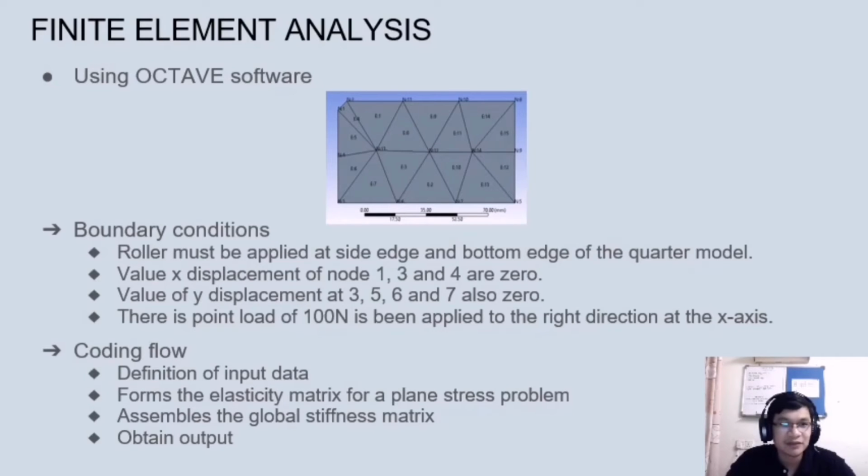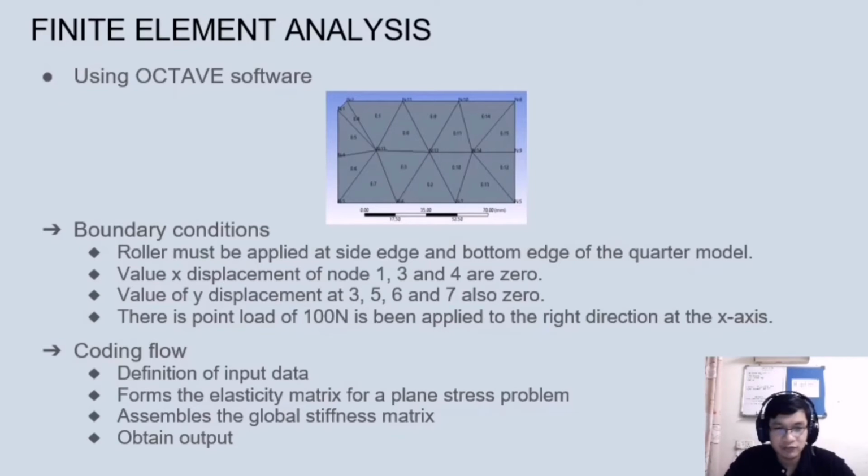In Octave software, for the boundary condition, we must apply rollers at the side edge and the bottom edge of the quarter model. The x displacement of nodes 1, 3, and 4 are 0. The y displacement of nodes 3, 5, 6, and 7 are also 0. And there is a point load of 100 Newton applied to the right direction of the x-axis.